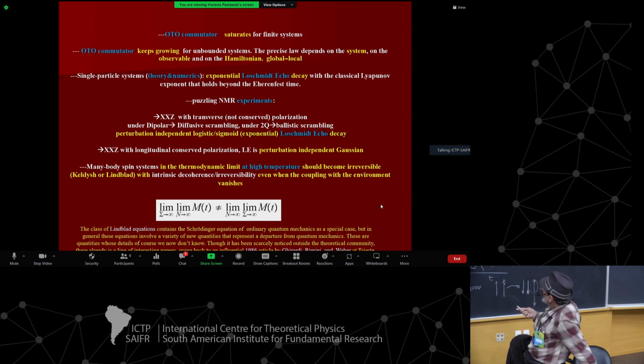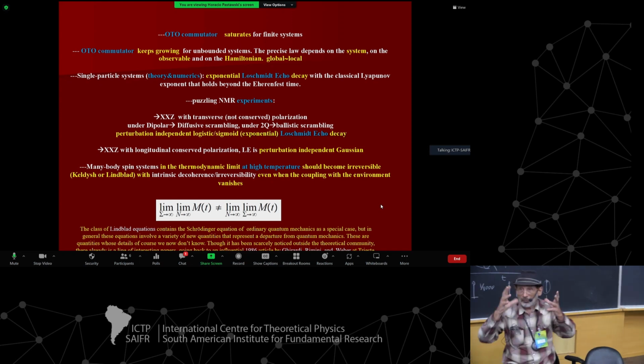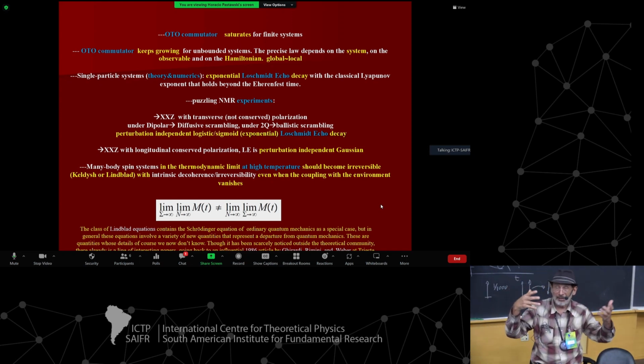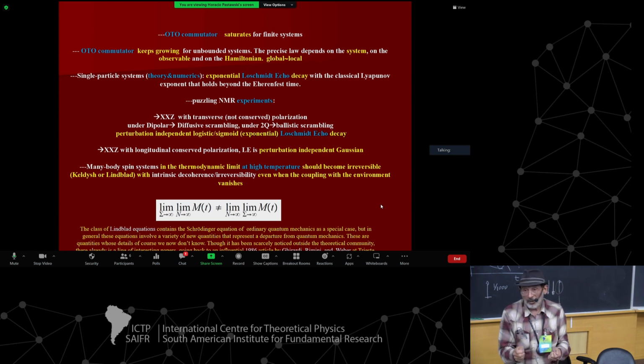These quantities, whose details of course we don't know, though it has been scarcely noticed outside the theoretical community, there is already a line of interesting papers by Girardi, Rimini, Weber that propose fluctuations in the Hamiltonian, essentially that's what is going to give irreversibility.